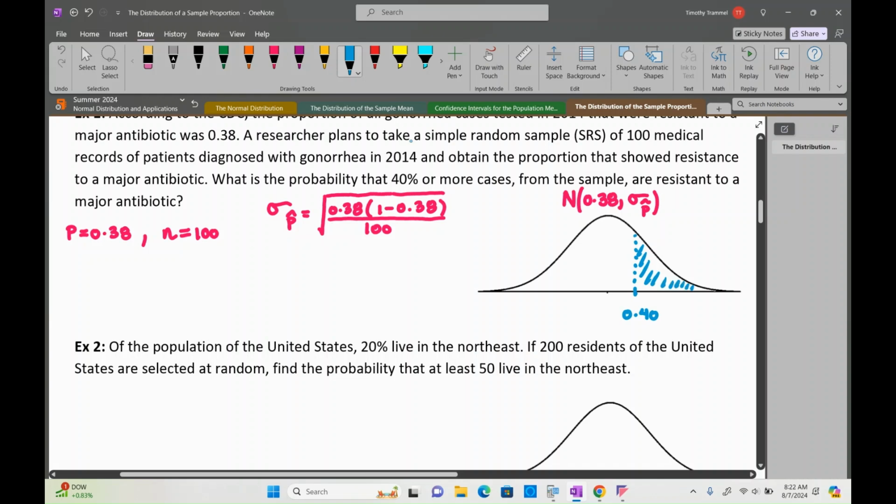So to find that, we will just use normal CDF. Our lower bound is 0.4. Our upper bound is E99. We have the mean of our sampling distribution is 0.38. And then our standard deviation is that big messy thing there.